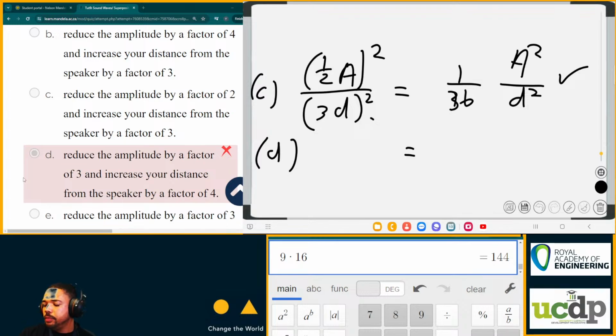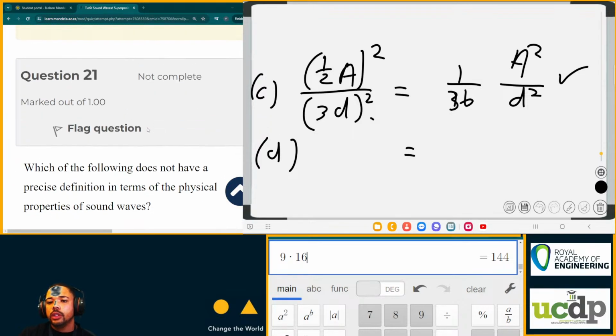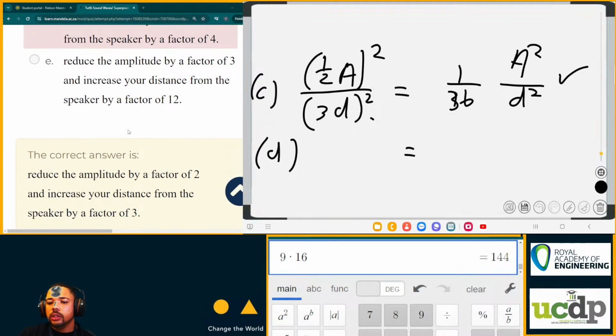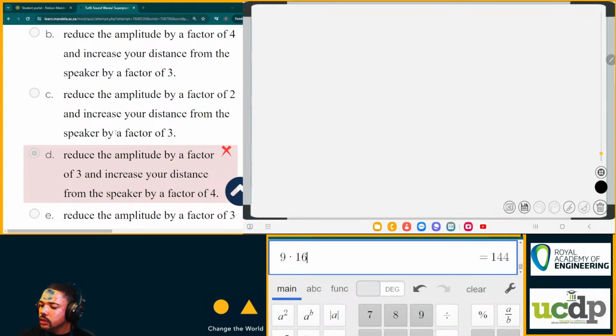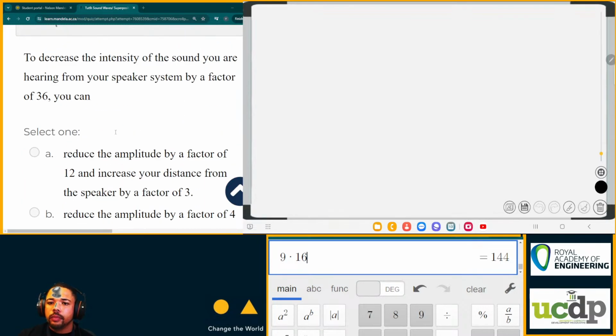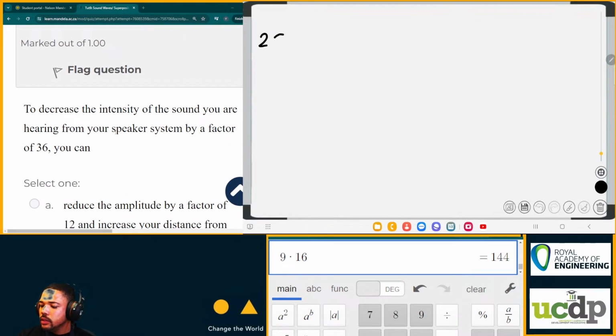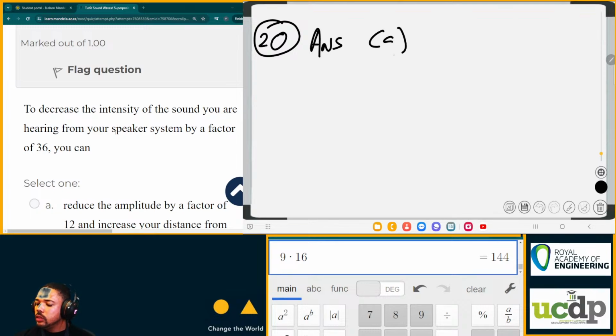So this answer should not be D, it should be C. The answer for 20 is C. Sorry, my bad about that. Little error there. I read the right question, wrote the wrong values down. So the answer is C.